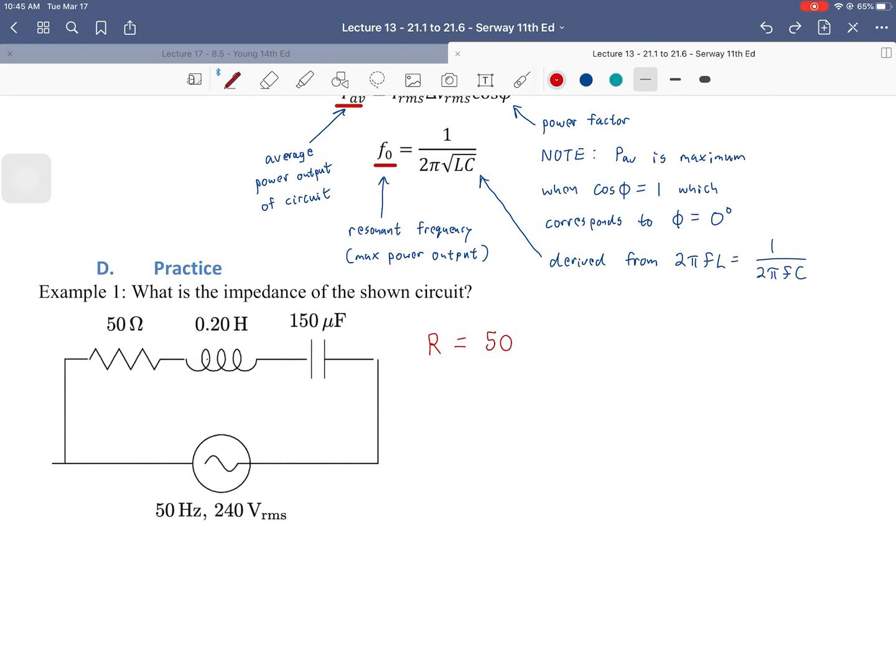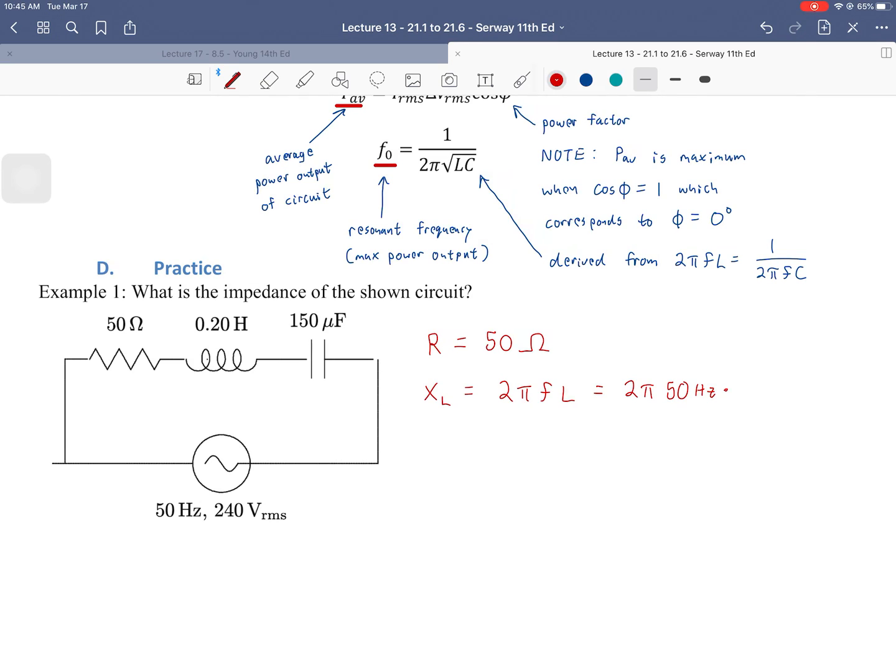And then let's find the reactance of our inductor, reading from left to right. The reactance of the inductor is going to be 2 pi F times L. In this case, that would be 2 pi times 50 hertz. Notice F in this formula is frequency, not angular frequency, so we don't have to make any conversions.